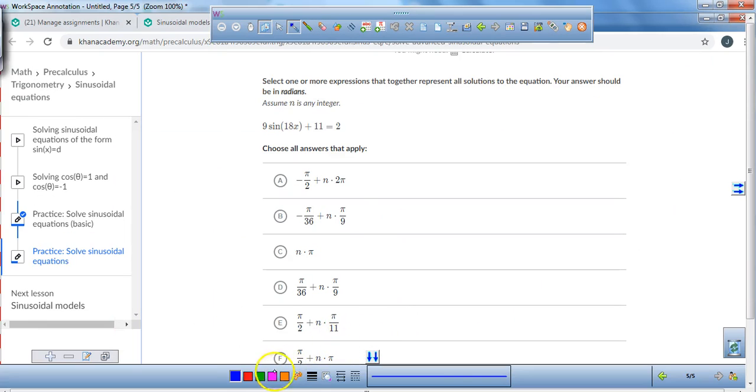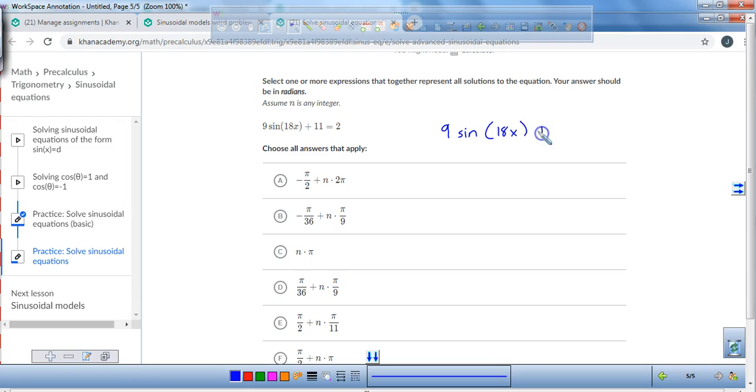And for our last problem, here we go. We have 9 times the sine of 18x plus 11 equals 2. First step, subtract 11 from both sides.